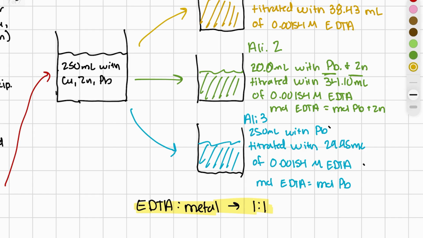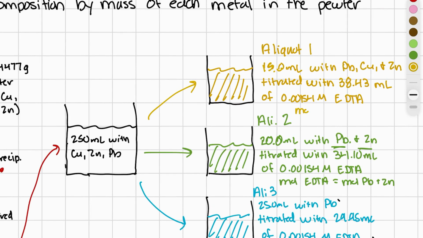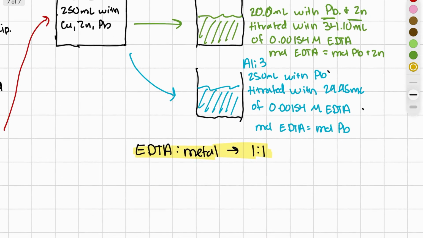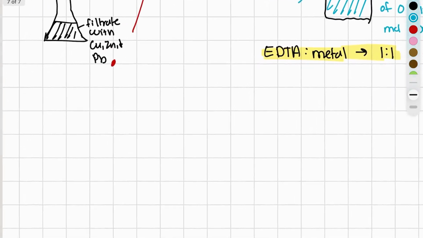And then same thing for aliquot 1. Moles of EDTA equal moles of lead, copper, and zinc. And so I'm going to start with aliquot 3 just because it seems the most simple. So let's go ahead and start with finding the moles of EDTA in this third aliquot.